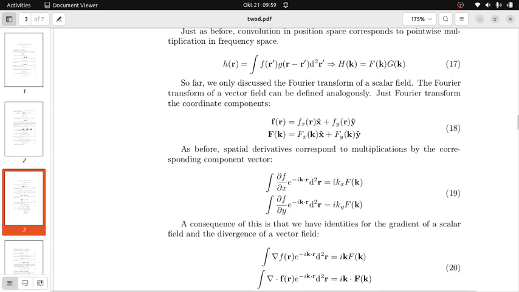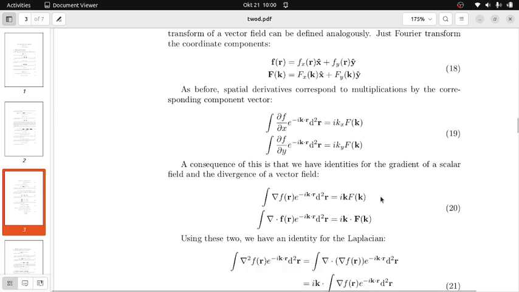And if you remember, in the 1D Fourier transform we had a relation for the Fourier transform of the derivative, and in this case we have relations for the partial derivatives as well. So the Fourier transform of the partial derivative with respect to x of f is just i kx times F of k. And the same thing for the y component: when you transform del f del y, it will be i ky F of k.